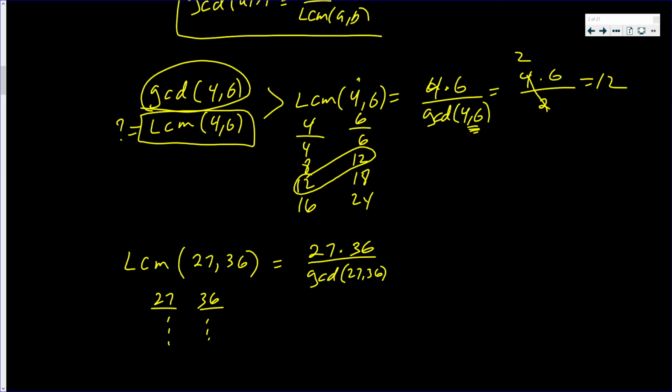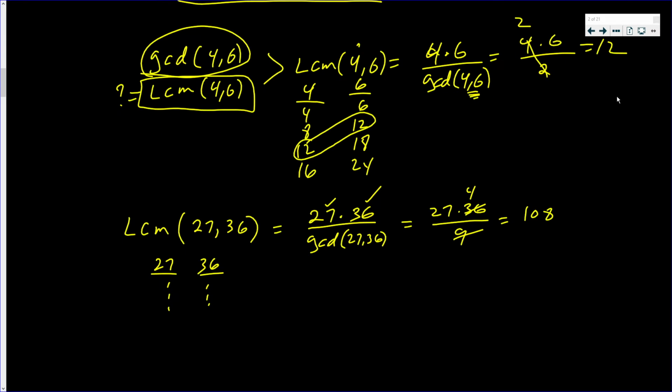Well, I know that 9 goes into 27 and 9 goes into 36. And actually, that's the largest number. So this is 27 times 36 over 9. 9 goes into 36 4 times. 27 times 4, you may have to work out, but it's 108.